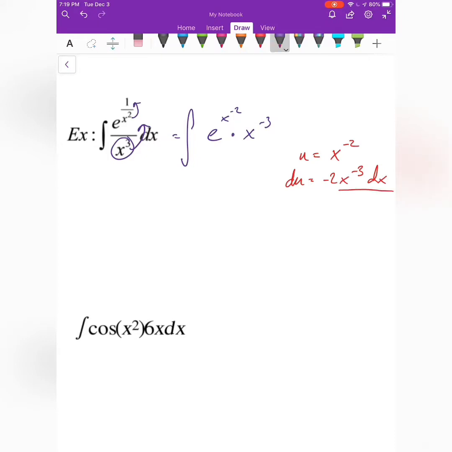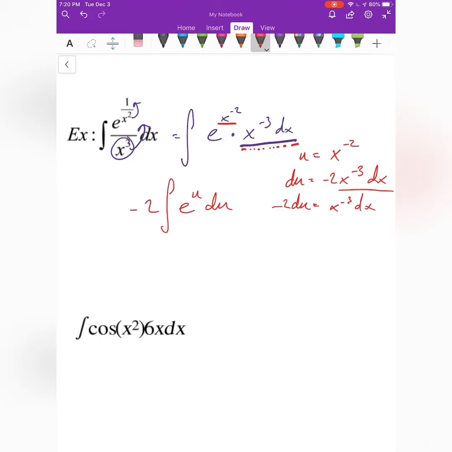Actually, I didn't write the dx still, but the dx is still there. So we already have that right here. We don't want the negative 2 now, so let's move that over, x to the negative 3 dx, and do our substitution. We called this u up here, and this is your du.